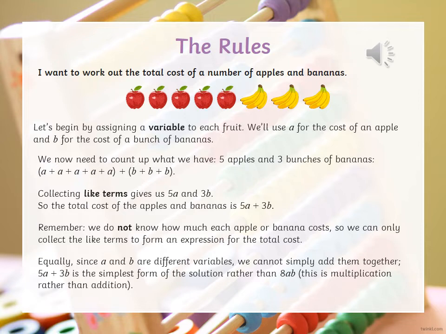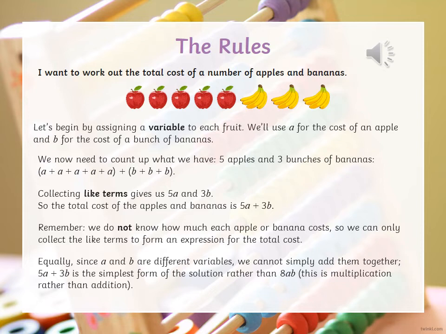A plus A plus A plus A plus A plus B plus B plus B. Collecting like terms gives us 5A and 3B. So the total cost of the apples and bananas is 5A plus 3B.